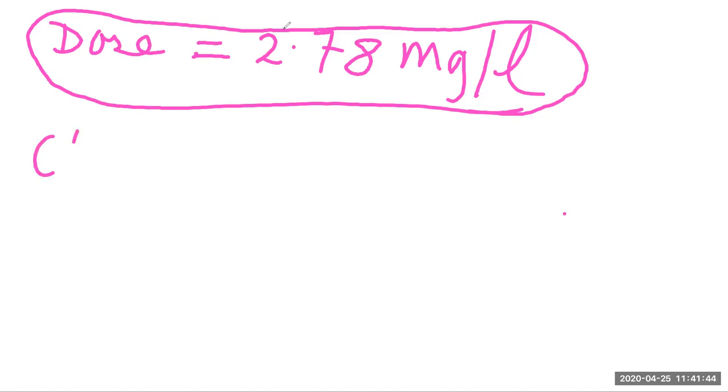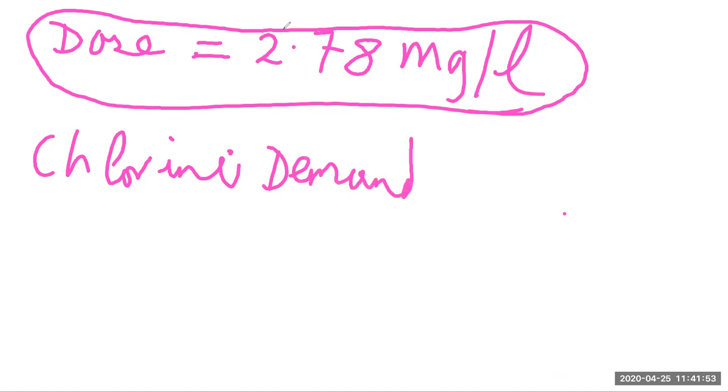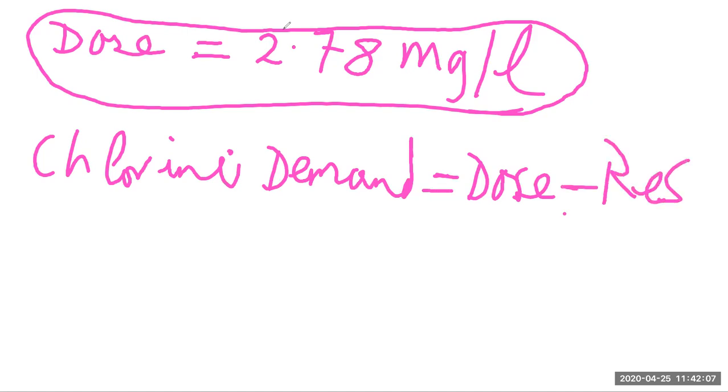Chlorine demand would be equal to the dosage minus the residual. Right? The demand is dosage minus the residual, simple arithmetic and transposition.